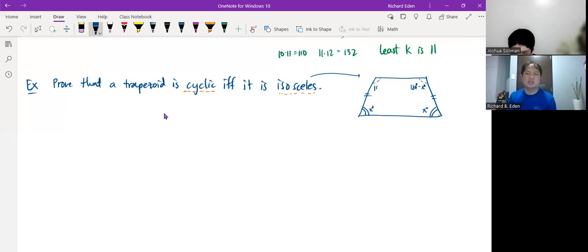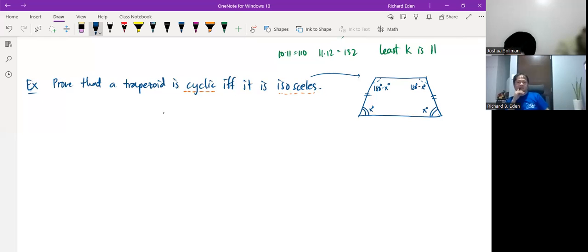This is going to be 180 degrees minus x degrees. So either the two lower angles, referred to as the base angles, are congruent, or equivalently the two higher angles are congruent. Pareho ng measure. So any of those conditions mean that the trapezoid is isosceles.